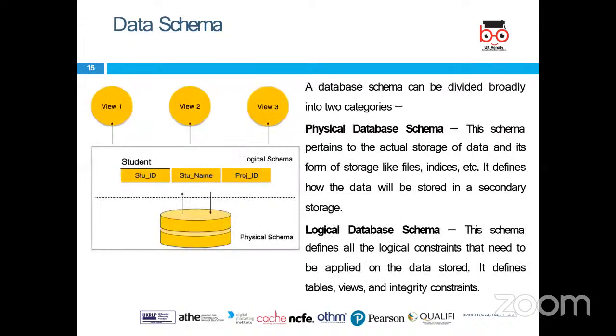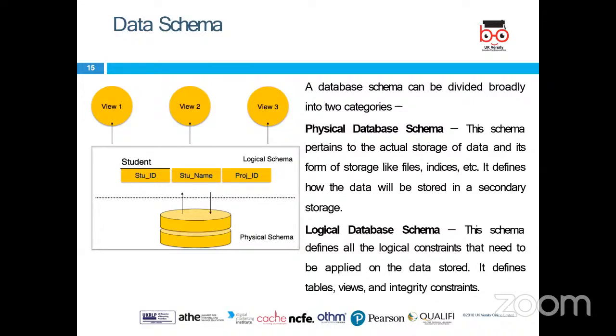When we look into a schema, it can be of two types: physical schema and logical schema. The first one pertains to the actual storage of data and its form of storage, like files.